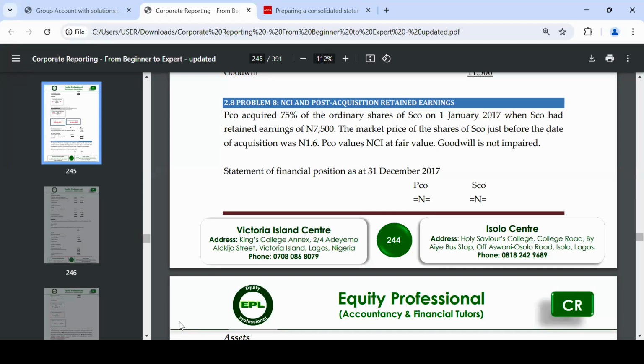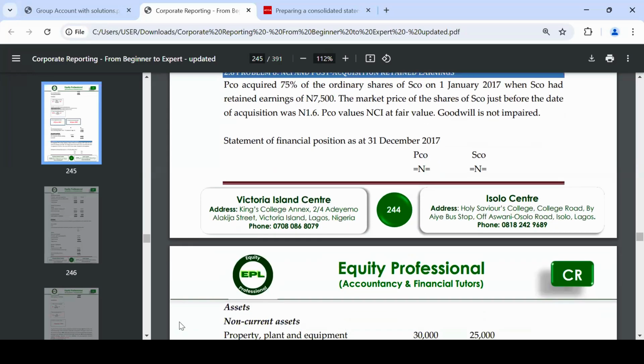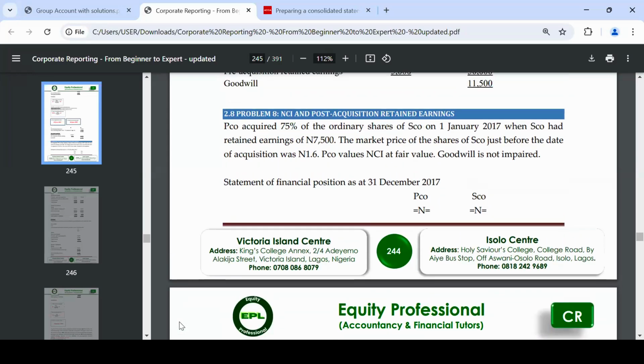Okay. So if you recall, this was the last problem that we solved in the last class, a situation where there is an NCI and there is a post-acquisition retained earnings. Now, why is there emphasis on whether the retained earning is pre-acquisition or post-acquisition? The reason is very simple.